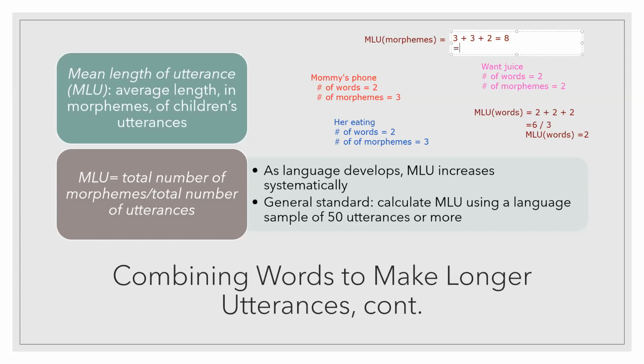So that equals 8 divided by 3. So our MLU in morphemes equals 8 divided by 3, which is 2.6 repeating.